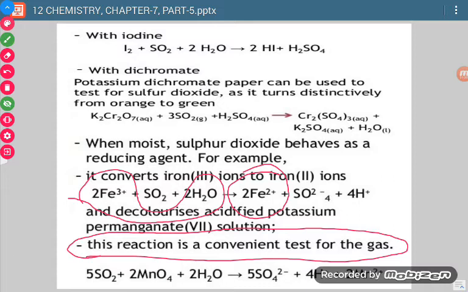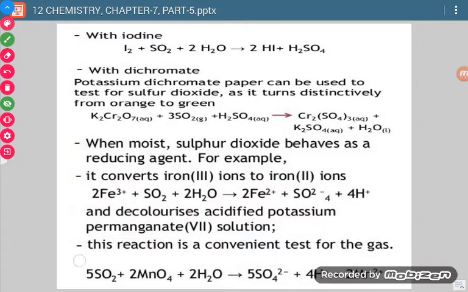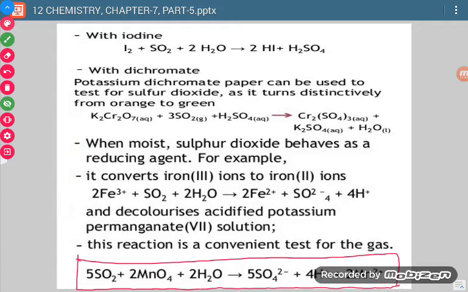Now in this case, from this reaction we can make out that KMnO4 has pink color when it is in solution form. So it will decolorize acidified potassium permanganate solution. Here it is the MnO4 negative ion, permanganate.